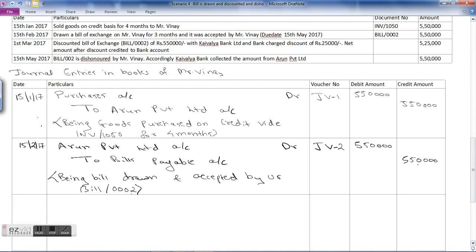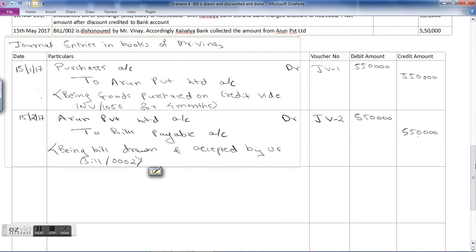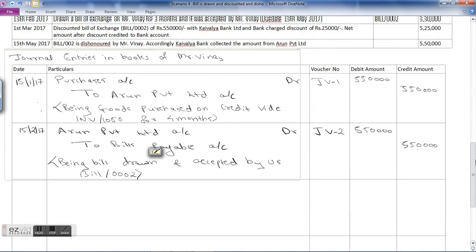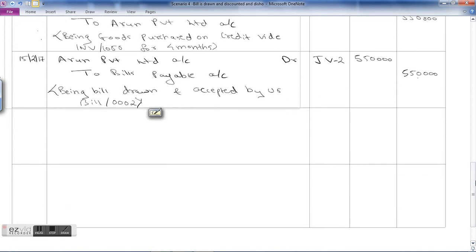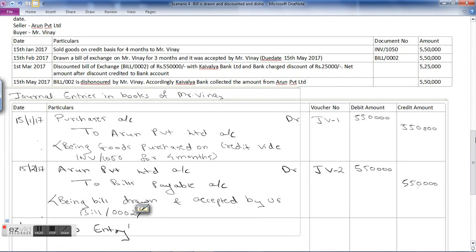Now, if you see as such, when the Arun Private Limited has discounted the bill with the bank, there is no effect in the books of Mr. Vinay. Okay, so in the books of Mr. Vinay on 1st March 2017, there won't be any entry. There is no transaction in the books of Mr. Vinay, so there won't be any entry.